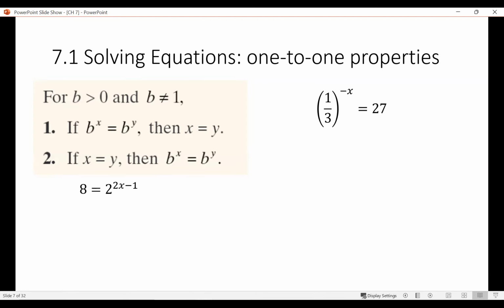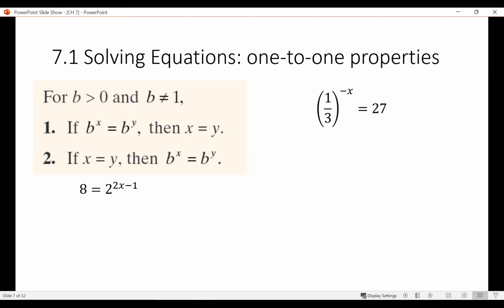Okay. There's two ways to solve exponential equations. One is to use logs. Logs are the inverses of exponents. We'll talk about those in a minute. The other method only works if we can use the one-to-one property. The one-to-one property basically tells us that if we have two exponential statements equal to each other, and the base of those exponents is the same, then the exponents must be the same.